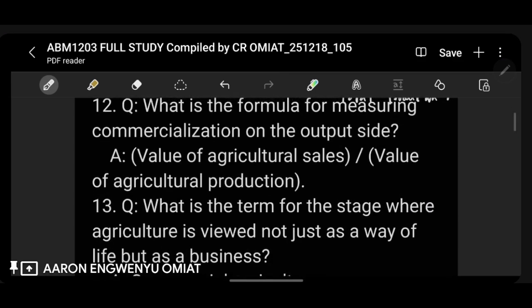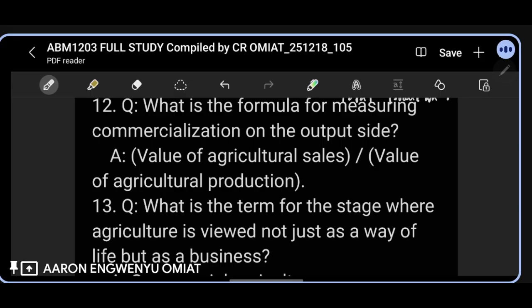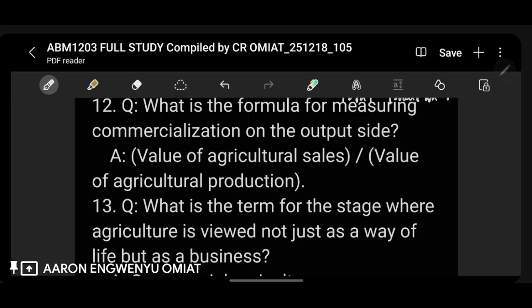Then what is the term for the stage where agriculture is viewed not just as a way of life but as a business? Yes, but as a business, I don't know.